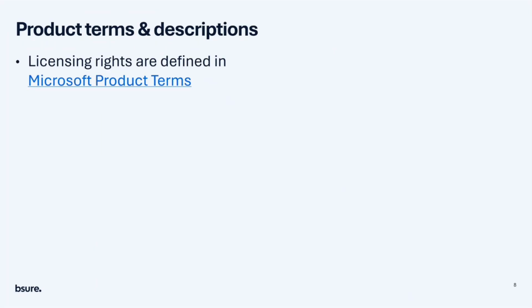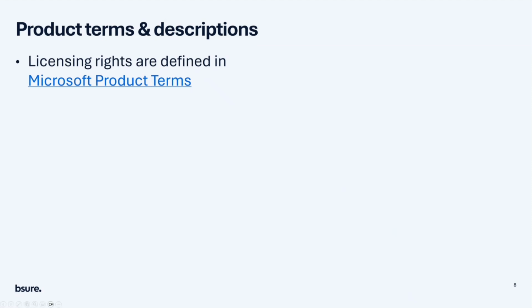Finally, on the fundamentals, we need to talk about the rules. So Microsoft do have some rules. First, the Microsoft product terms. This is what you are allowed to do, right? These are the universal license terms, and it defines what you are legally allowed to do.